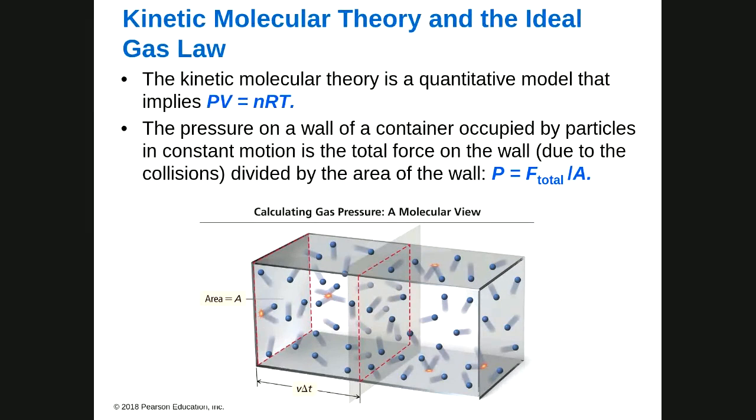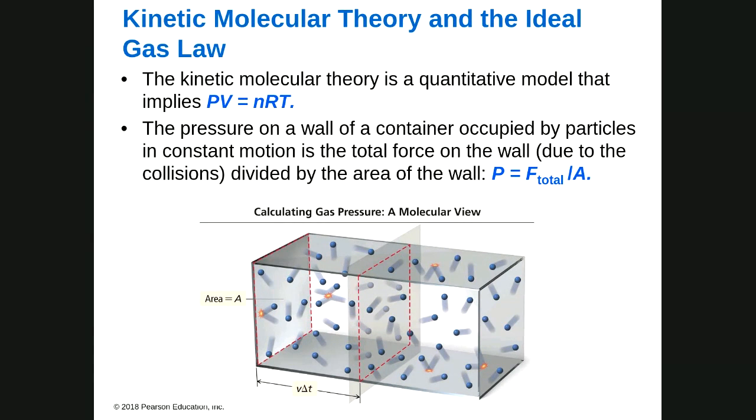That pressure is proportional to the temperature and also the velocity of these particles, which increases as you increase the kinetic energy. And so it tells us about this whole PV equals nRT thing.